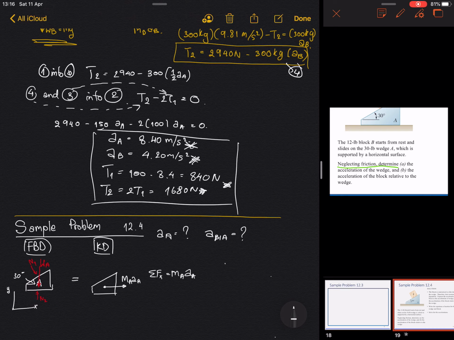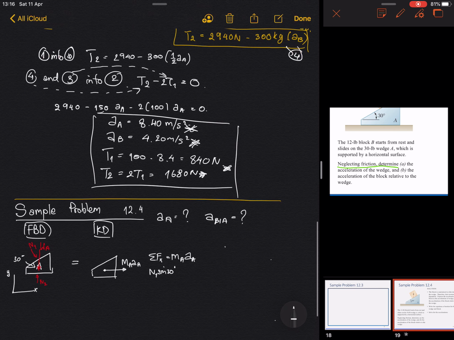Then this N is N1 sine 30 equal to M_A a_A, and that means 0.5 N1 equal to W_A over g, acceleration A.